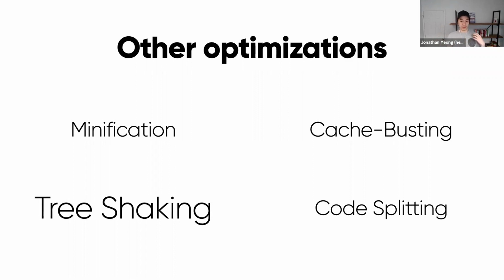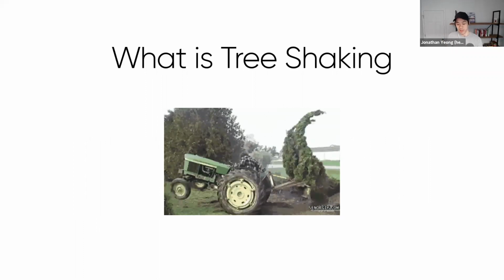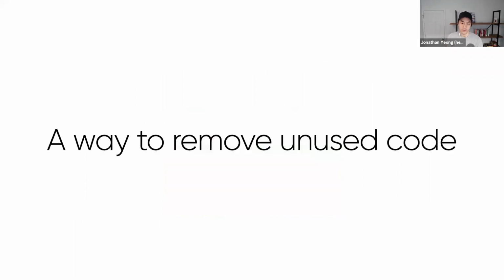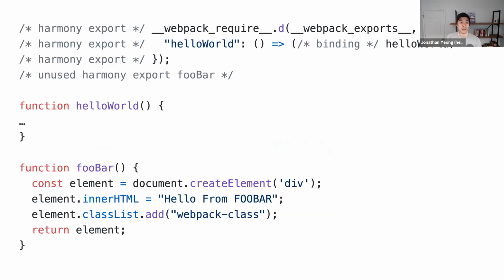So what is tree shaking? Definitely not this. Tree shaking is just a way to remove unused code, also called dead code. So in this example with hello world, and we have foobar, if in development we turned on the ability to do tree shaking, when we run our Webpack server, the file might look something a little bit like this.